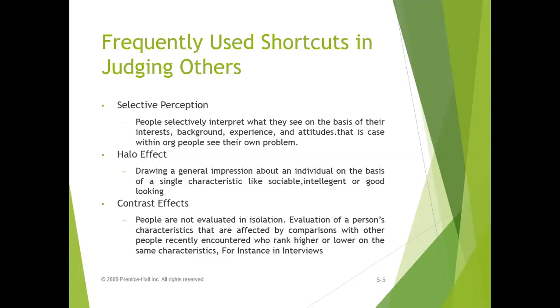For example, your boss may observe some of the people and may not observe others. Same as the things that we can't observe everything going on around us. So we use selective perception.